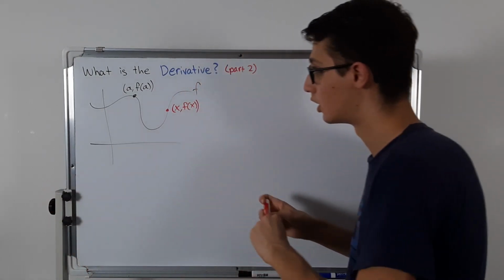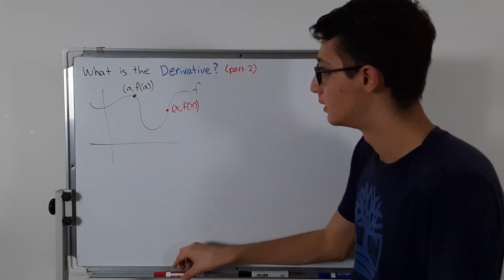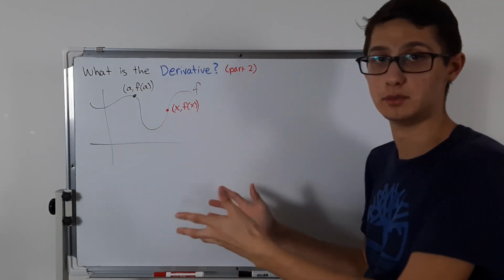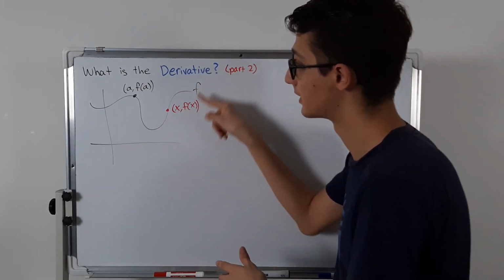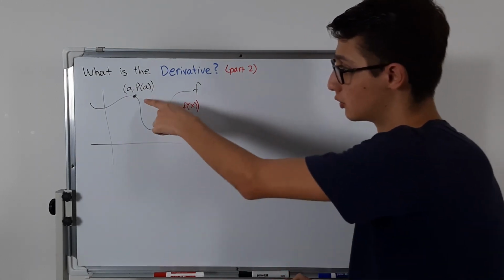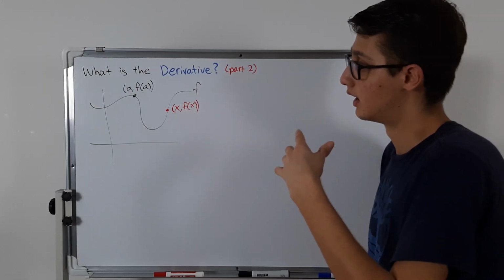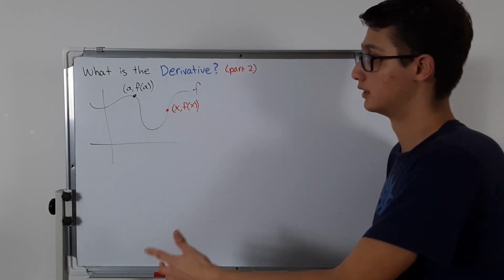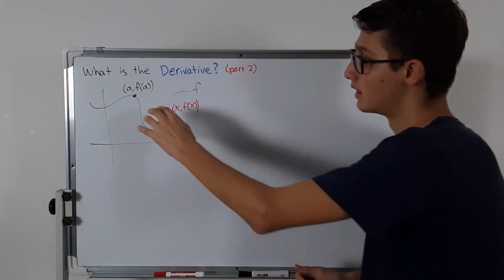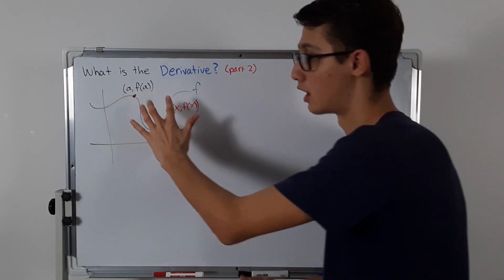One thing I wanted to say is that this red point is going to vary depending on the value of x, and we're going to move it closer to this other point. In the last video, yes, the red point did move, but the black point was called x comma f of x.